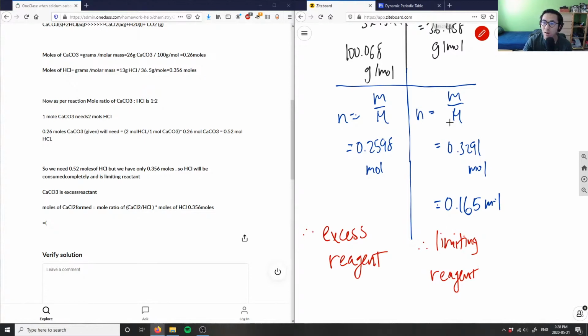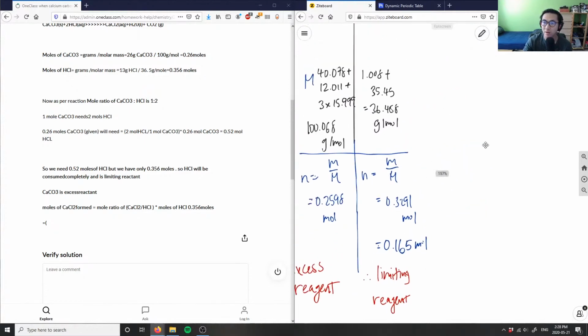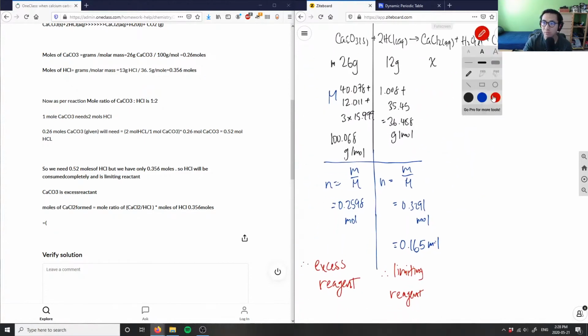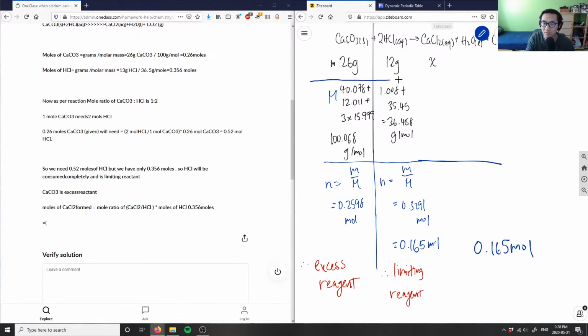So that's fine. And then what I can do now is I also know my mole ratio, right? So I know that this calcium chloride is also going to be 0.165 moles. So all I'm going to have to do is work backwards to figure out my mass, right? So I have to figure out the molar mass of calcium chloride. That's very, very easy.